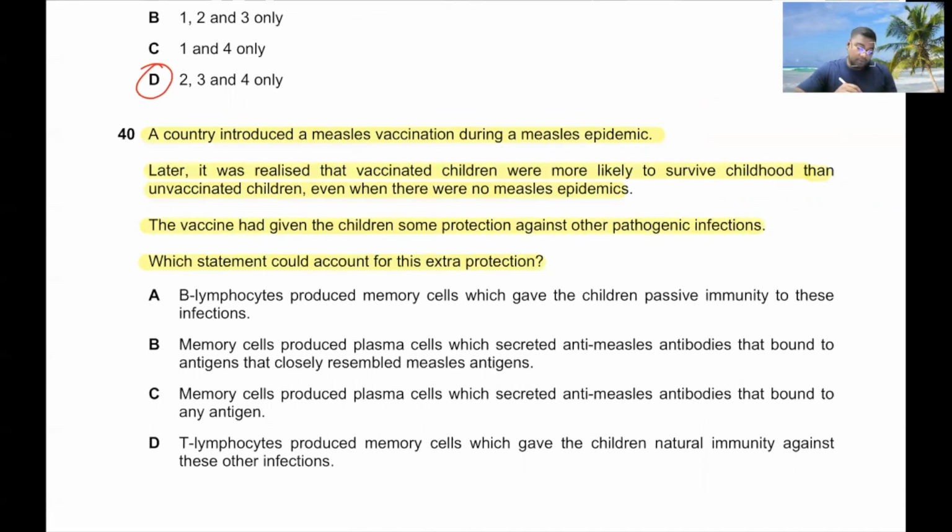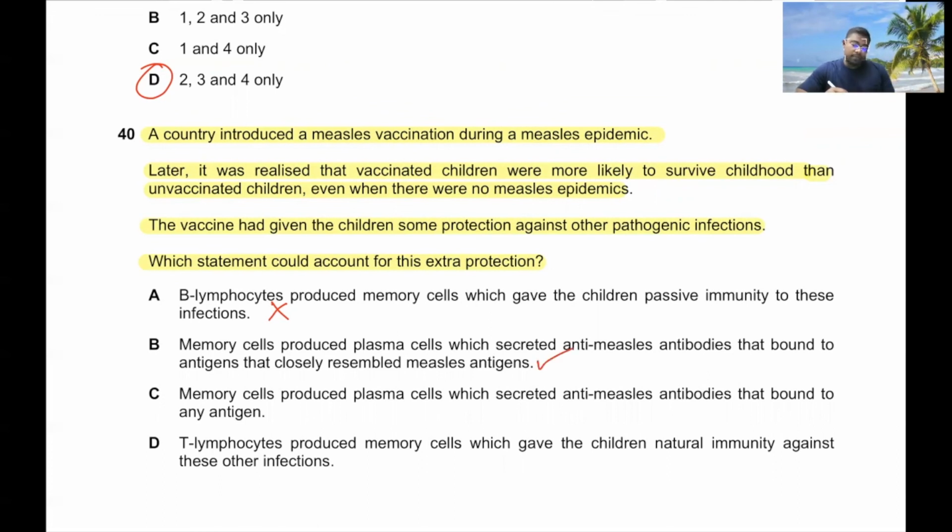B lymphocytes produce memory cells which gave the children passive immunity to this infection. No. Memory cells produced plasma cells which secreted anti-measles antibodies that bound to antigens that closely resemble measles antigens. Yes, this could be a possible explanation.